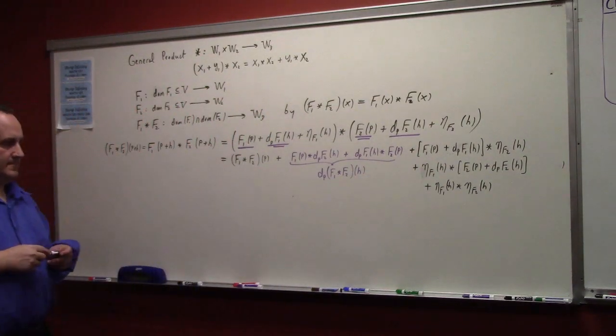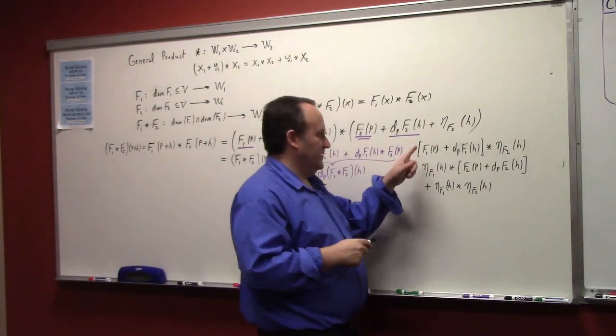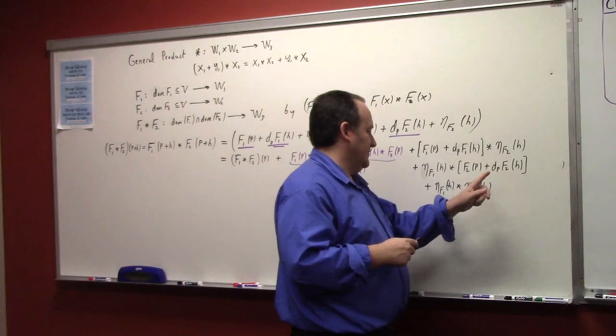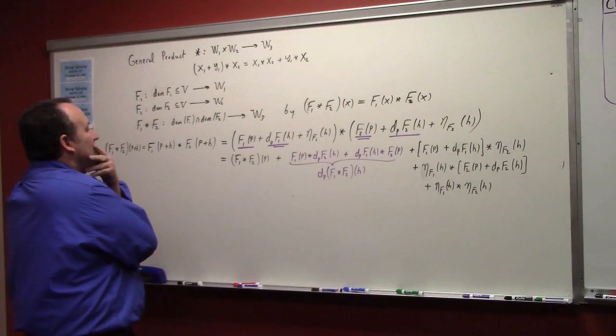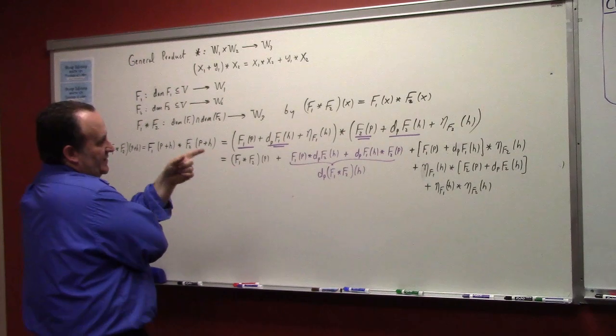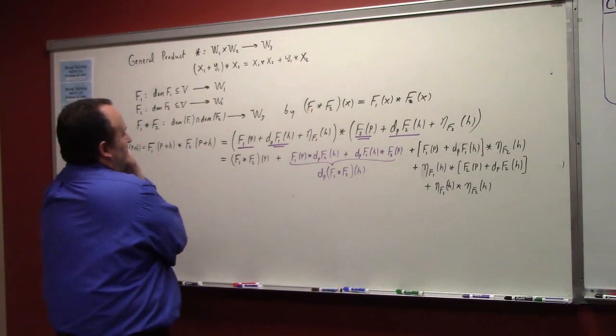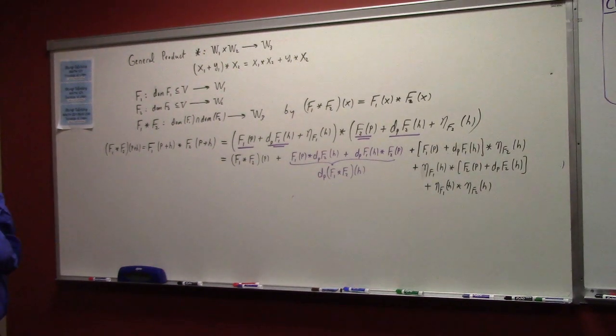Let me count. 1, 2, 3, 4, 5, 6, 7, 8. I'm missing something, because if I got 3 things times 3 things, I should have 9 things. What am I missing? One, 2, 3, 4, 5, 6, 7, 8.